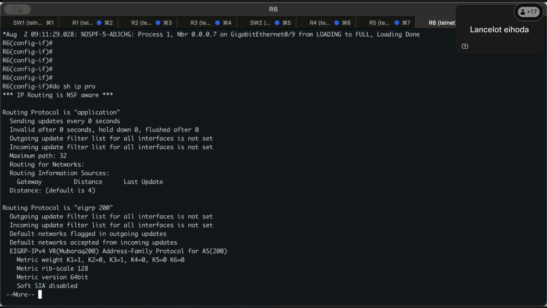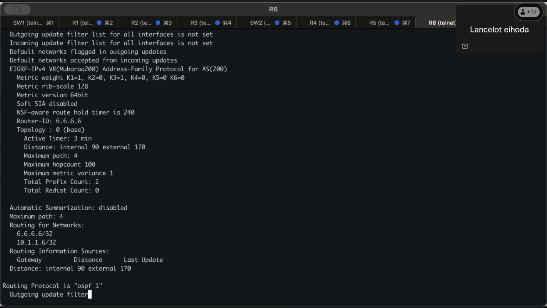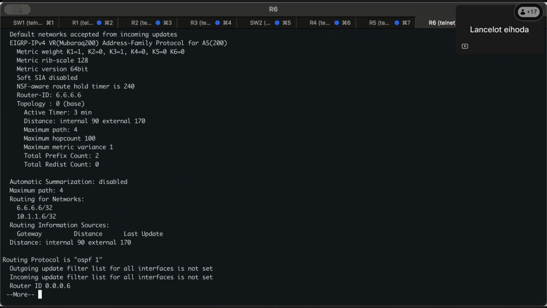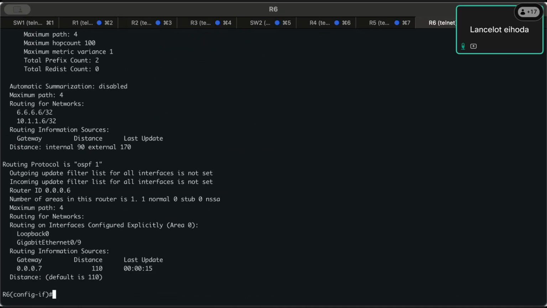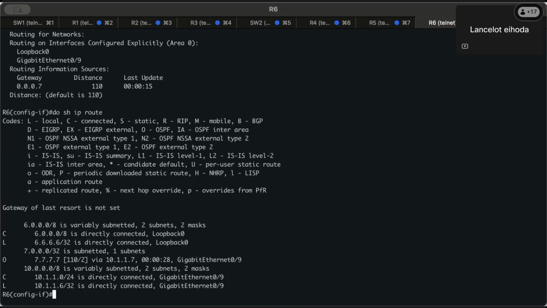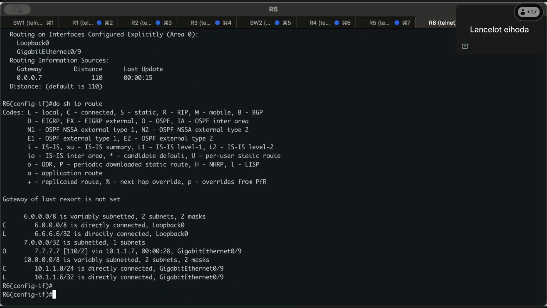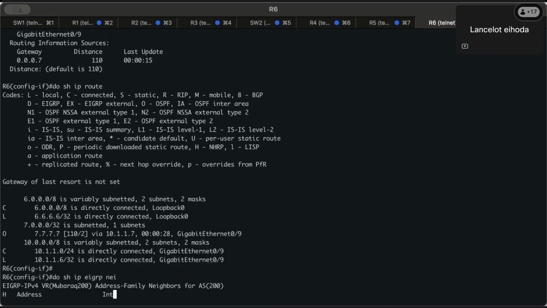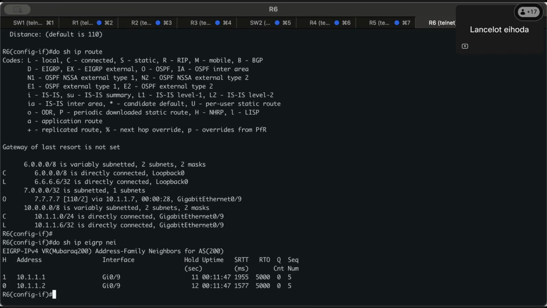So we are running EIGRP 200, we are running OSPF 1. So let me show IP route. Okay.